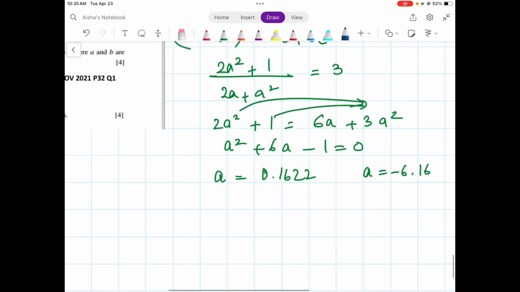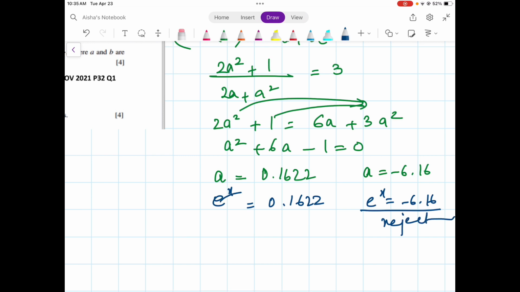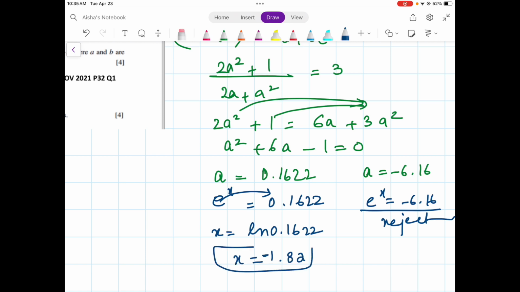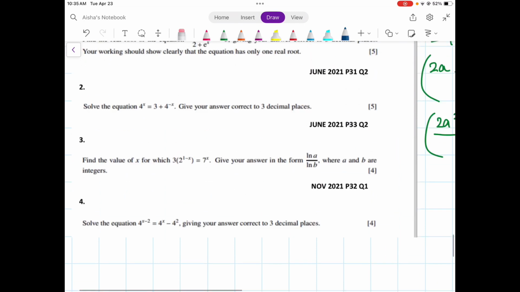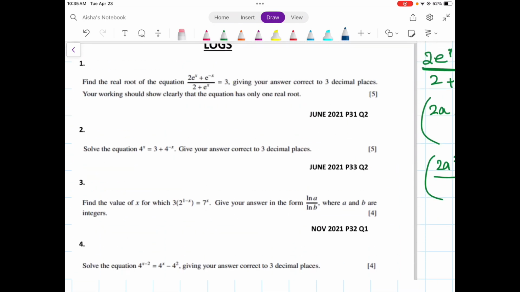Now what is a? a is e to the power x. With a negative value, it cannot be calculated, so reject it. Now e goes on the other side, becomes ln. So ln 0.1622 gives you this, this is my answer.